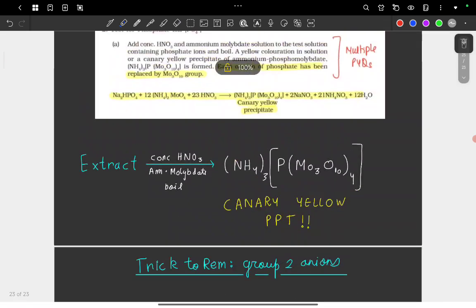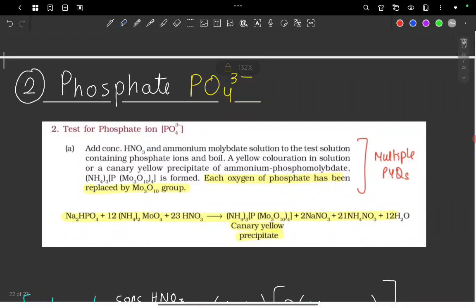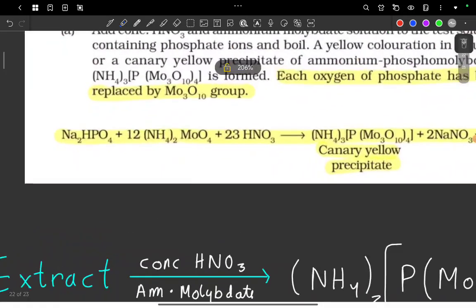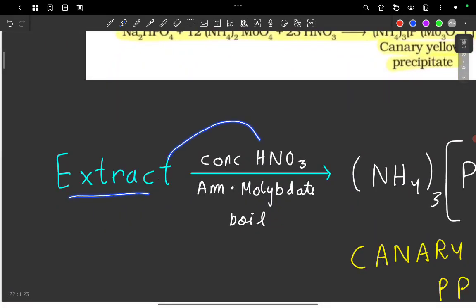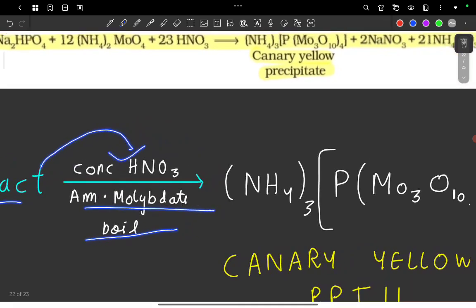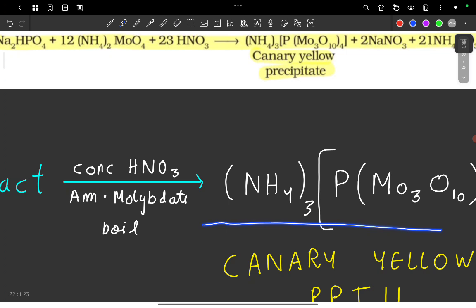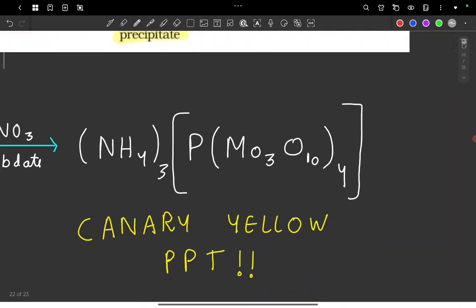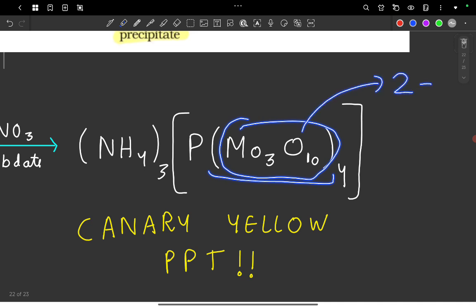Okay, so what was the phosphate ion test again? You have to react the extract with concentrated nitric acid with ammonium molybdate, and you have to boil it, which will form a compound called ammonium phosphomolybdate. What will ammonium phosphomolybdate look like? You have to replace all the moles of oxygen in the phosphate ion with the Mo3O10 group, which holds the same oxidation number as the oxide ion.